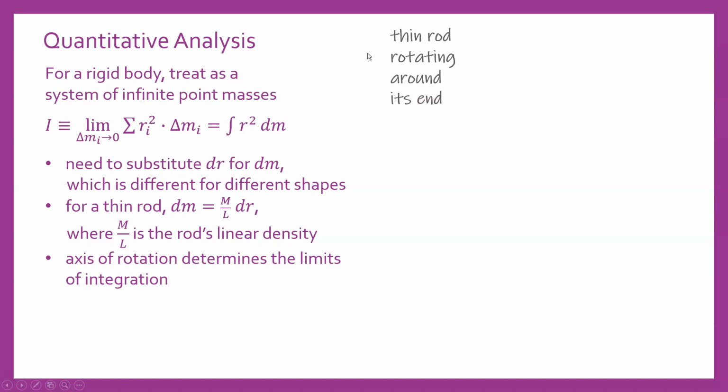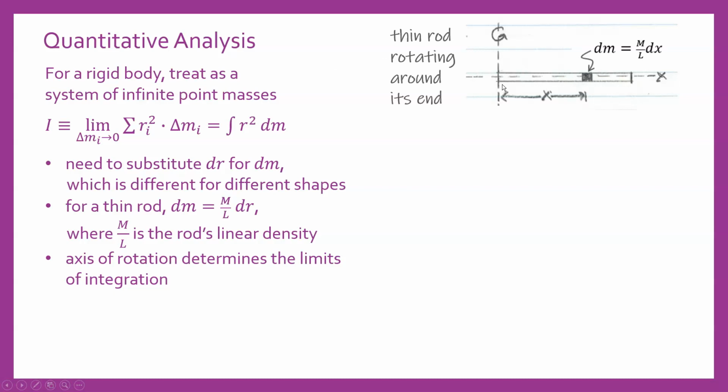So let's take a look here. We have a thin rod rotating around its end. So here's the end and it's rotating about. We have all of our little masses, dm, but of course we can make them equal to m over L dx in this problem. We've laid out the rod along the x-axis, so x is replacing r.